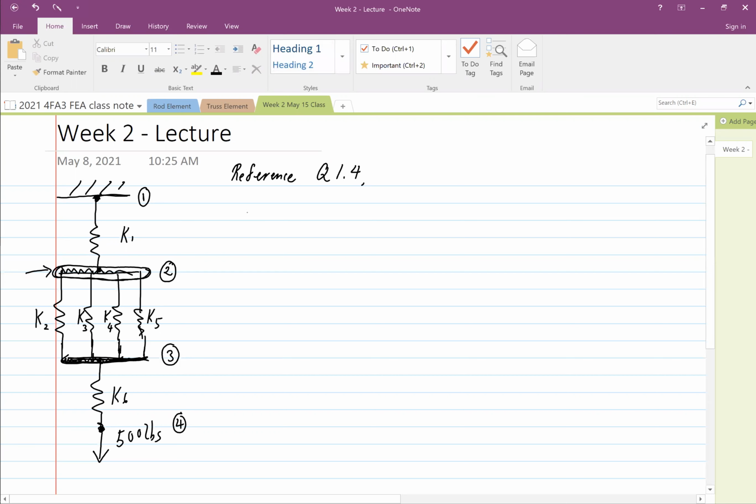Okay, now let's define the local matrix. The local matrix right here, for the first element, will be K1, K1.